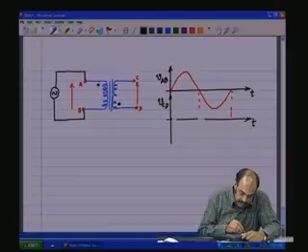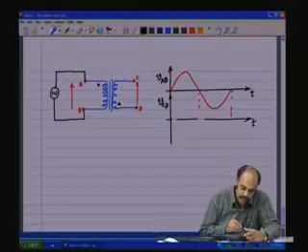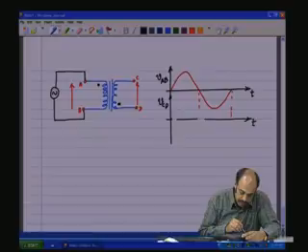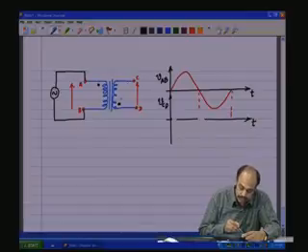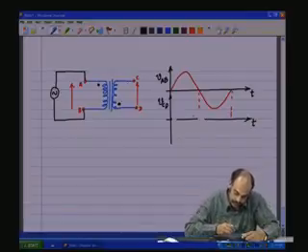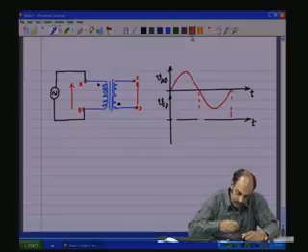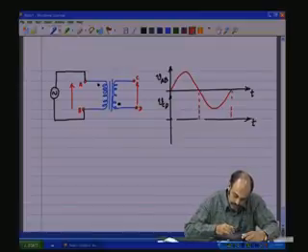So when A is positive with respect to B, it means that the dot portion will be positive with respect to the non-dot portion. So, if A is positive with respect to B, D will be positive with respect to C. So, in VCD, C will be negative with respect to D. So, we would see that there is a reversal of polarity.